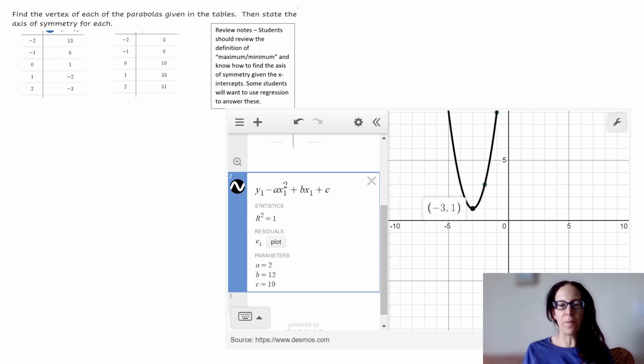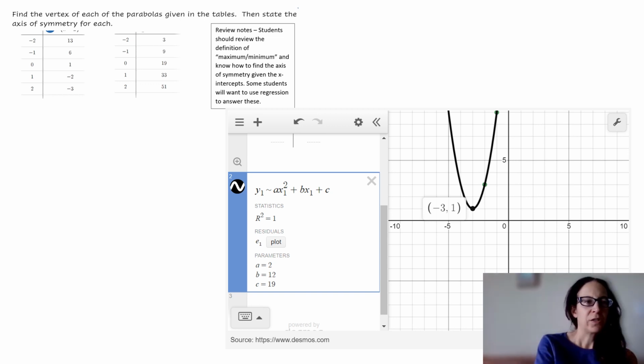That came from 1x squared minus 4x plus 1 being the equation for that. In this particular question, it said find the vertex and then state the axis of symmetry. So the vertex is right over there. It looks like it's at 2, -3. And so I'm debating what I want to do here.